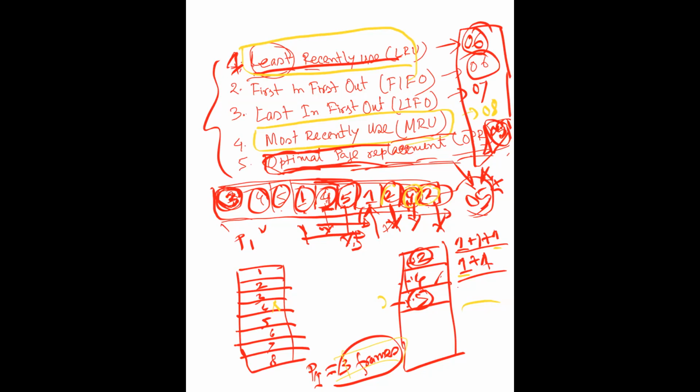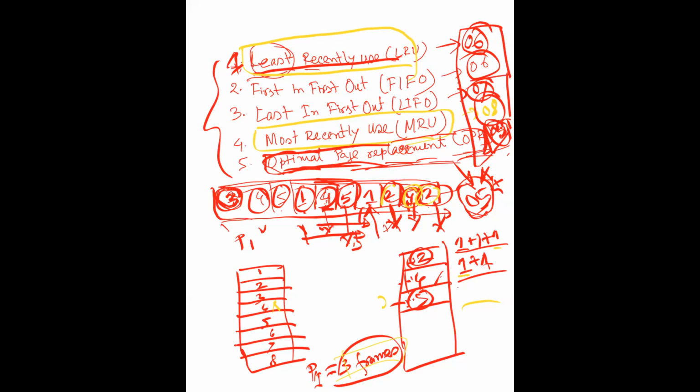And then MRU is actually very bad, and LIFO's performance is also not good. So from here you can conclude that LRU and FIFO give you a result close to the optimal OPR algorithm. So OPR can be used for benchmarking other algorithms.